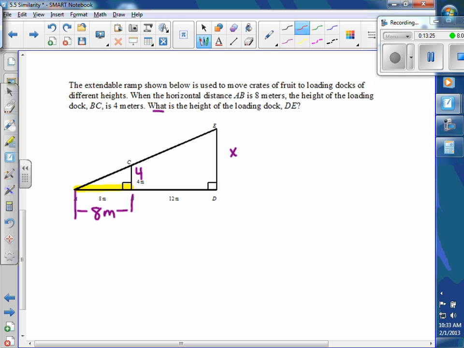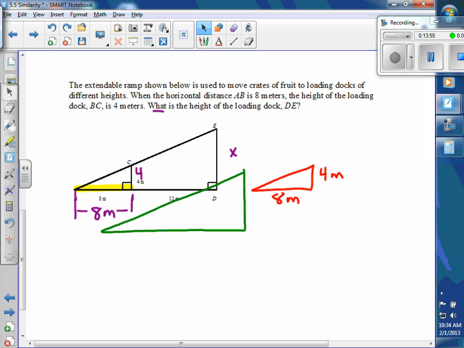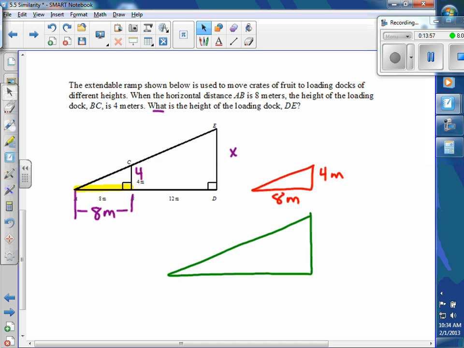What you have to think about is, imagine that there's 2 triangles. So you have this triangle here, and pull that out of the picture, and we know that triangle has 4 meters to 8 meters, but there's also this entire big triangle here. So think of these as 2 separate triangles. And before we put side lengths on there, let's look.